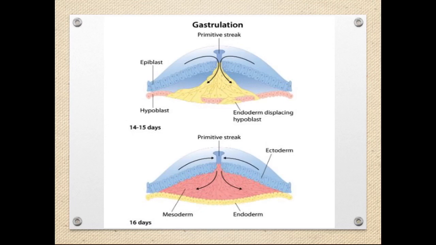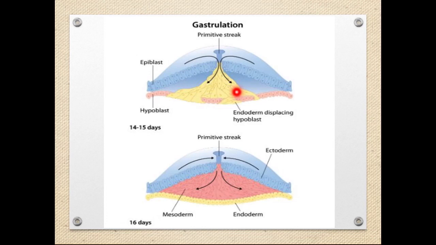And the formation of these three germ layers, ectoderm, mesoderm and endoderm, is called gastrulation. This gastrulation occurs during the third week of embryogenesis.